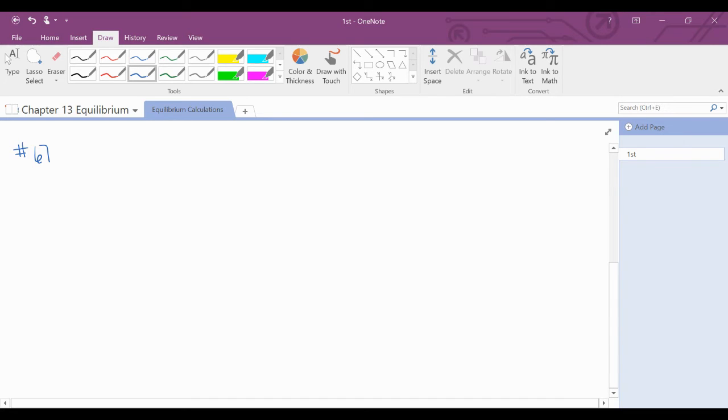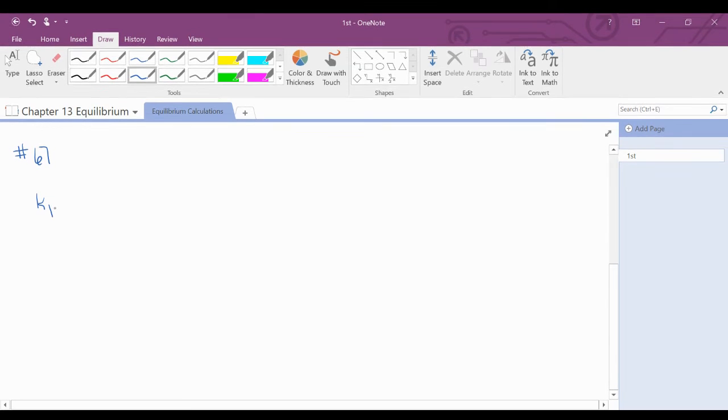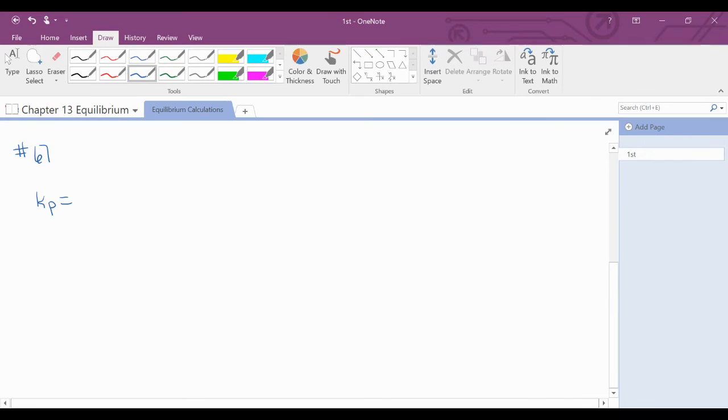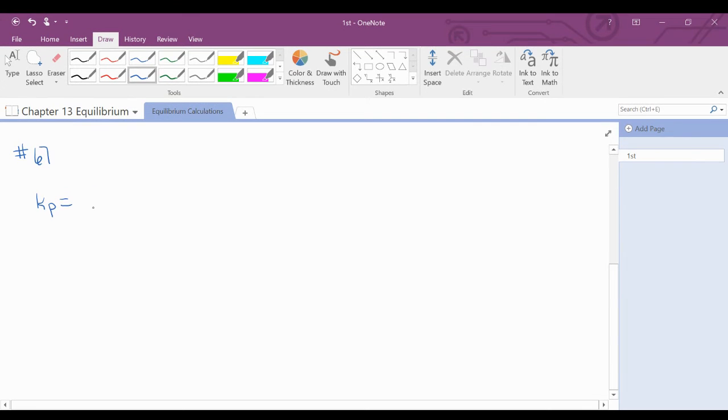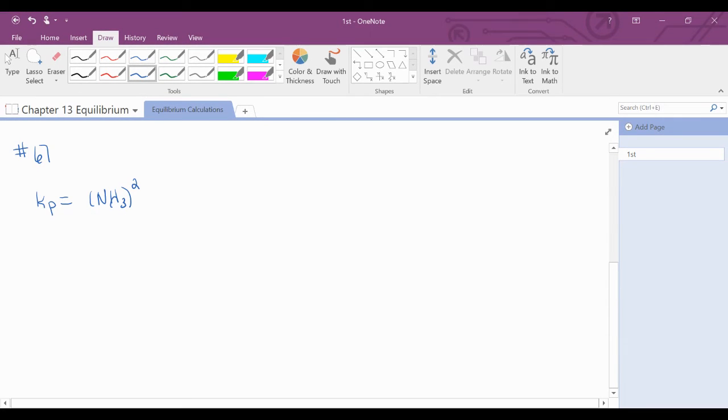So I actually need the pressure of ammonia and the pressure of carbon dioxide. Again, we're talking pressure, so we're going to use Kp. It's going to be the products, so NH3, and its coefficient is a 2, and CO2, and its coefficient is a 1, over reactants.